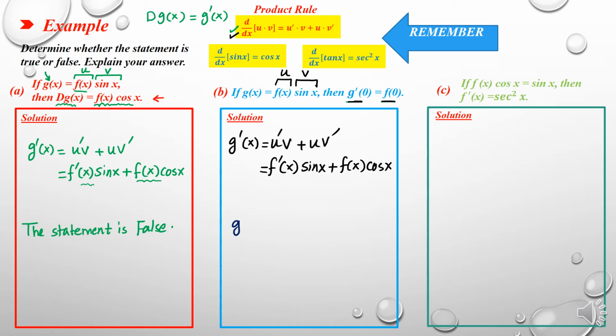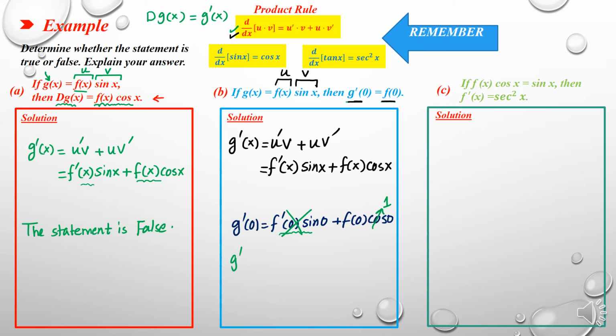So g prime of 0 equals f prime of 0 times sine of 0 plus f of 0 multiplied by cosine of 0. Now sine of 0 equals 0, so cancel the first term, and cosine 0 equals 1.